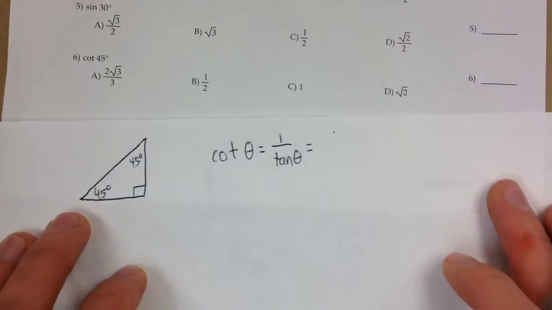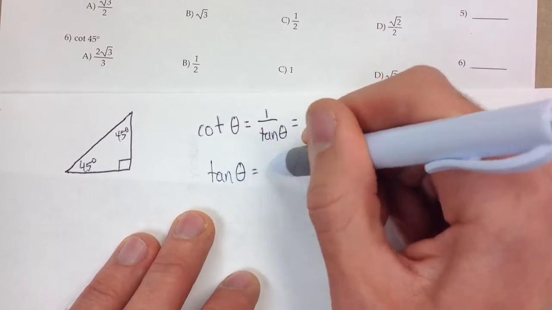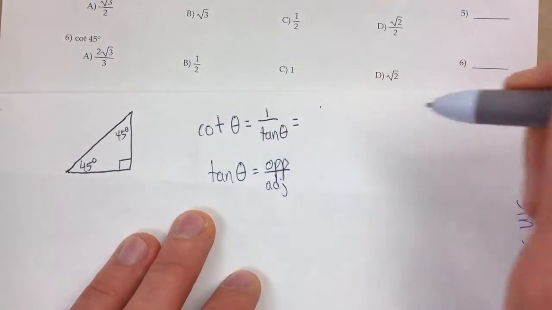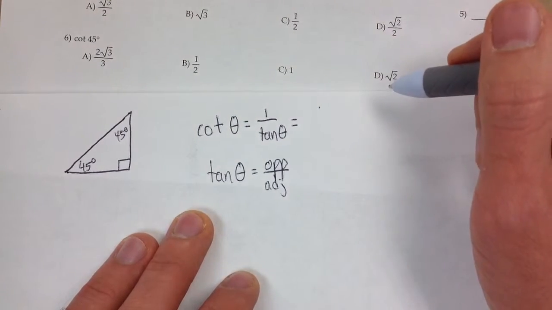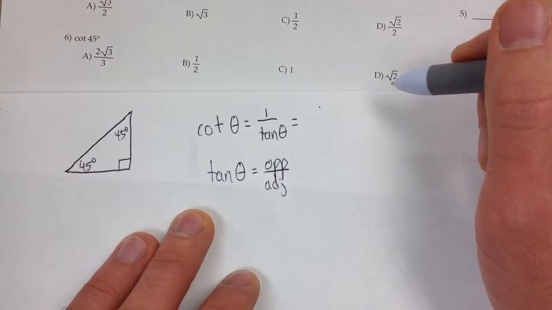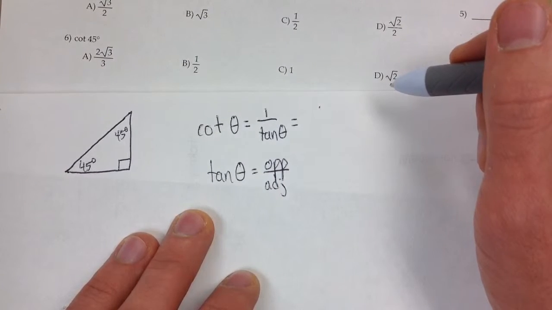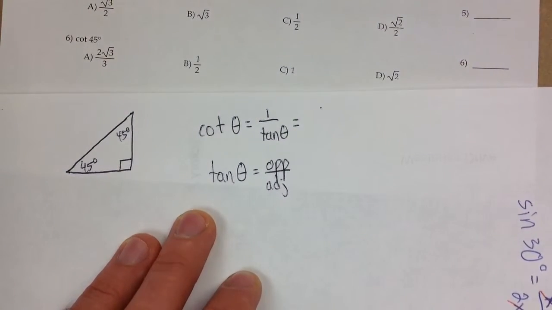Tell me, what is tangent? Adjacent. Okay? That we want you to know, Terry. So flip that fraction. What do you get? When you do 1 over something, you just flip the fraction. It's the reciprocal.